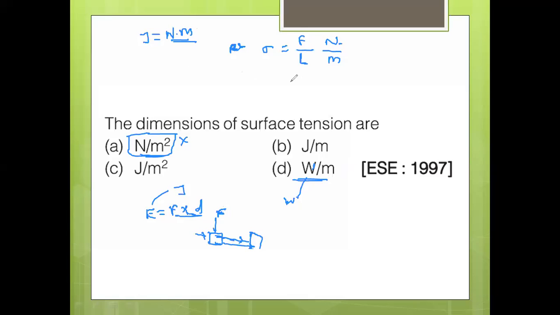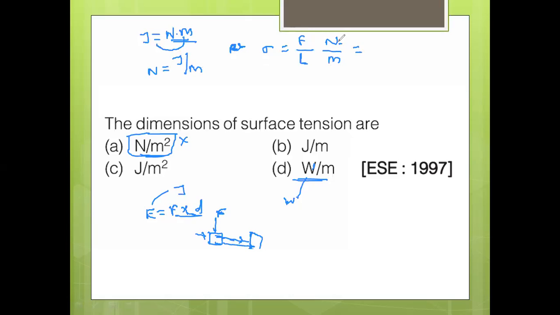Okay, so here instead of Newton what we can write, if I take this meter to this side, Newton will be equal to joule per meter.